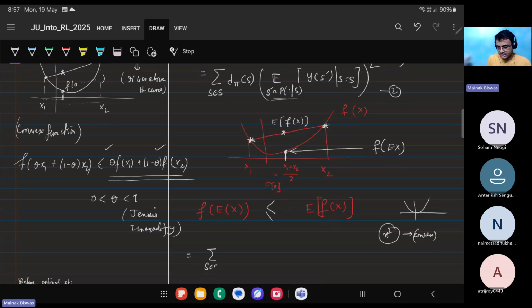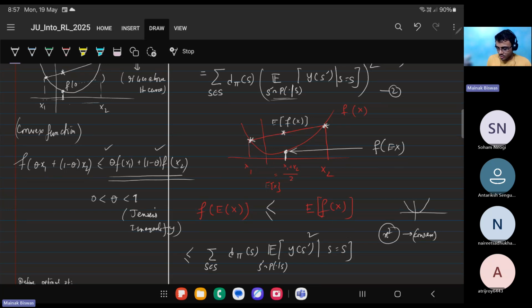I can write this as d pi of s. The expected value of f of x, tell me, what will it be? I'm waiting for questions.